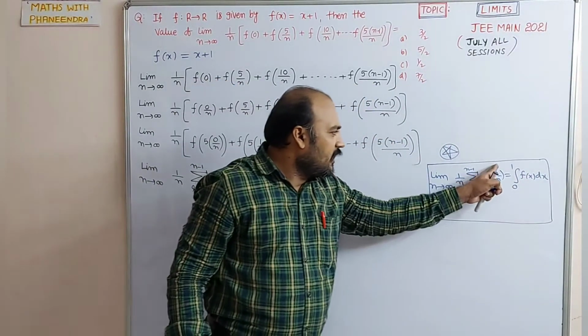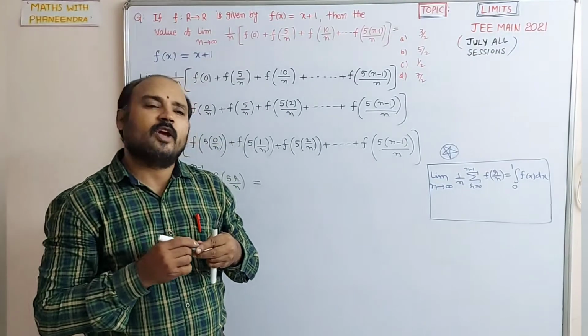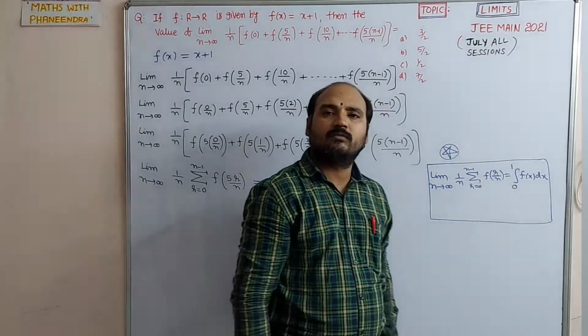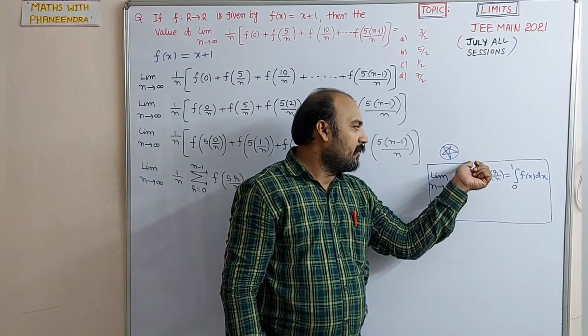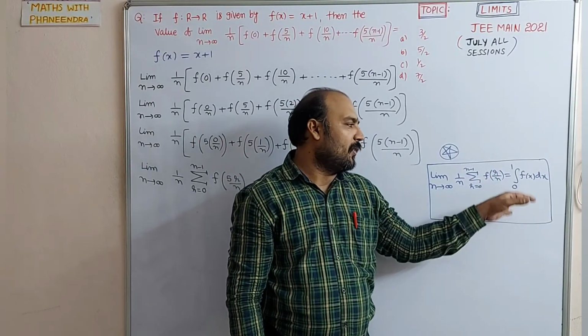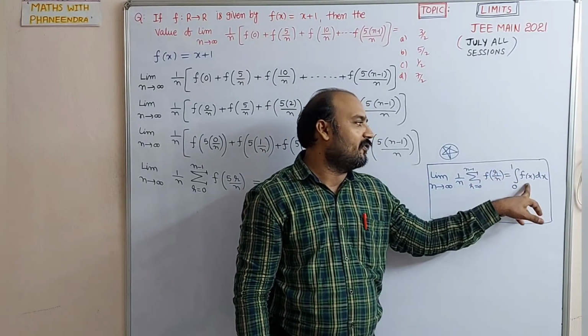So wherever r by n is there, you have to replace with x and take the limits as 0 to 1. R is equal to 0 to n minus 1, upper limit and lower limit cases, if you apply, you will get integral 0 to 1 f of x dx.